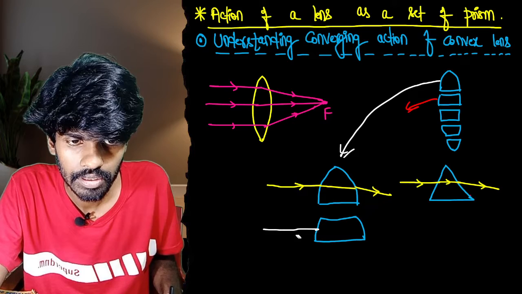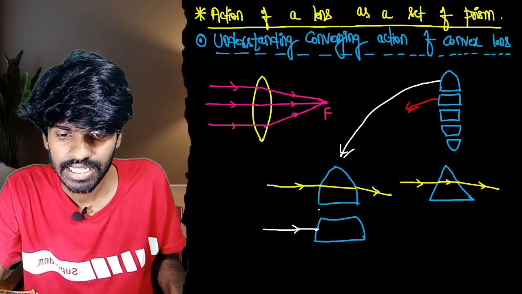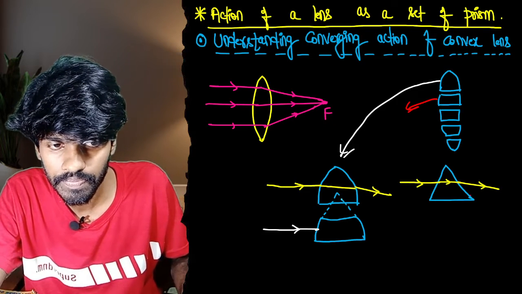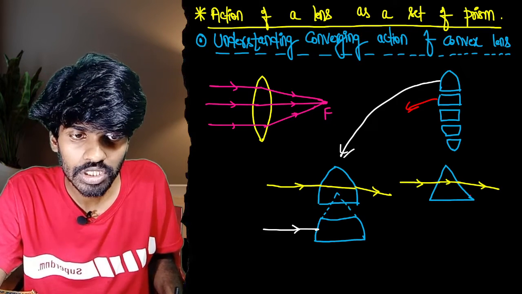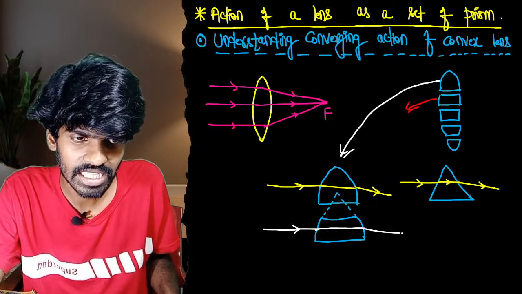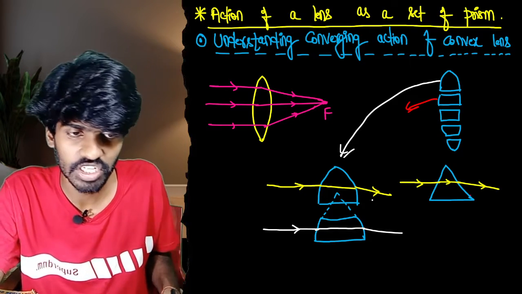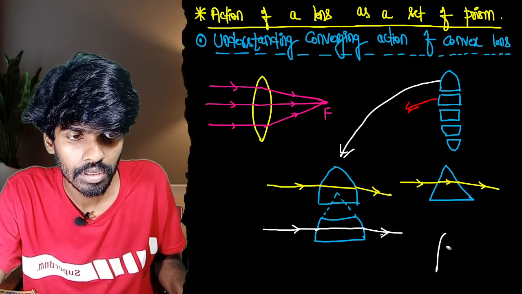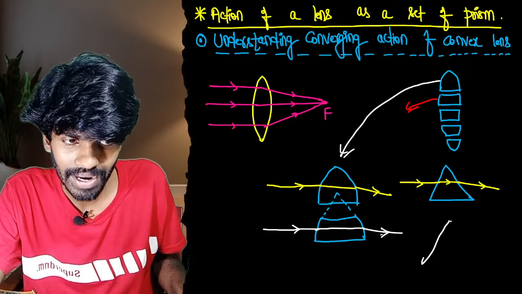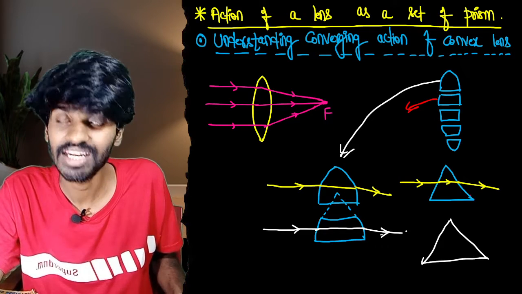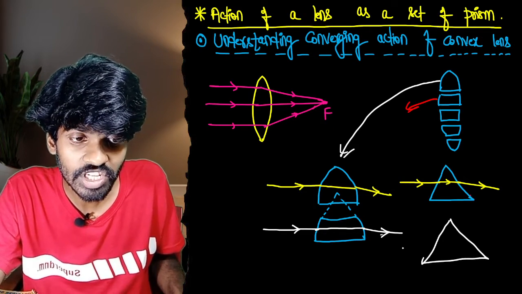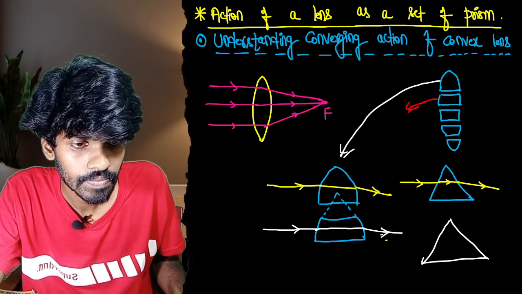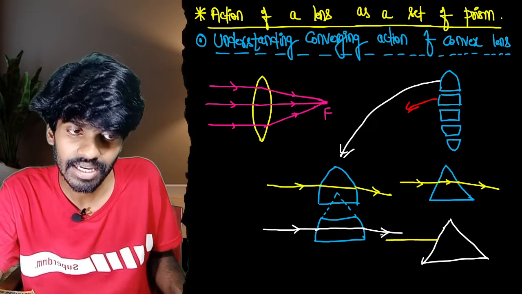Okay, what will happen? See, it can again be considered as a part of a prism. Again, it will behave like this, with a little lesser deviation. Why lesser deviation? Because the deviation depends on the angle which the ray makes with the prism.